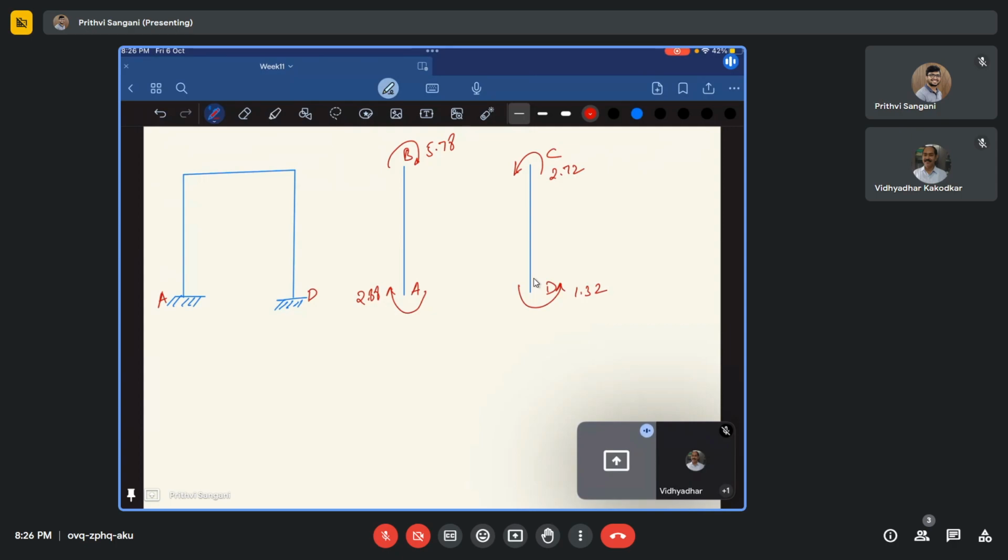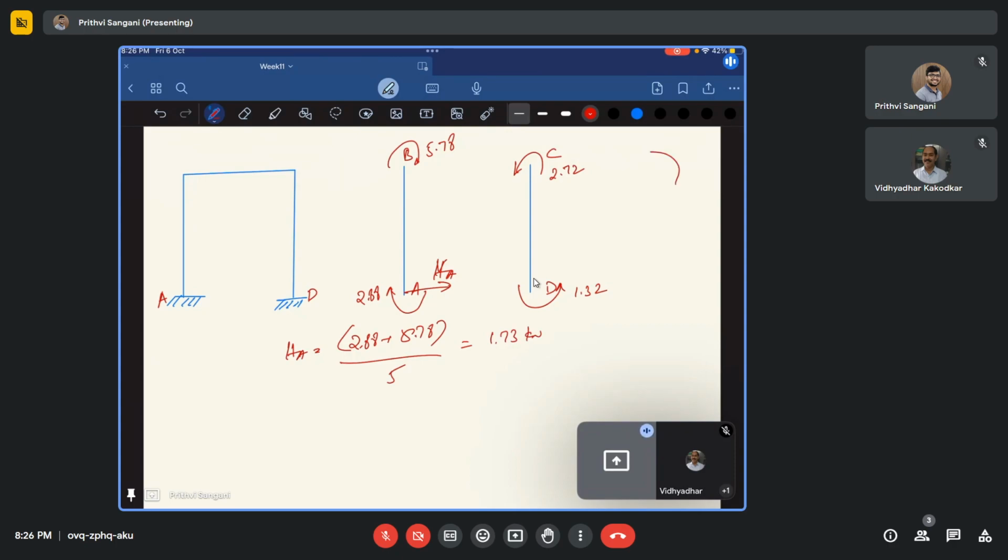So you should develop an anti-clockwise moment at this, such that it will balance it, right? So this should be in this direction. Let us call it horizontal at A. HA is going to be 2.88 plus 5.78 divided by 5, and this should be 1.73.